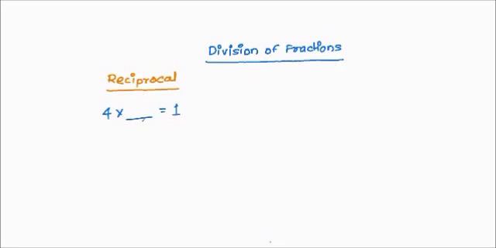So let's look at this. If I have this cake and I divide it into two pieces, what is the size of one piece? Obviously we know it is 1 upon 2, because we have made two pieces and we have taken 1.